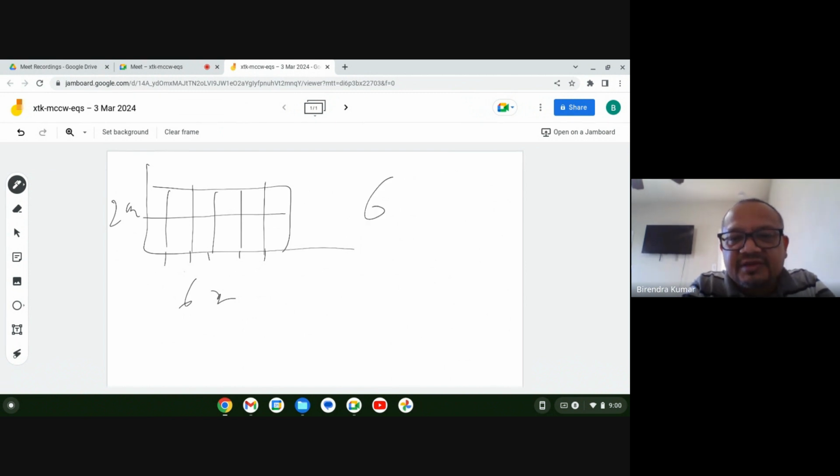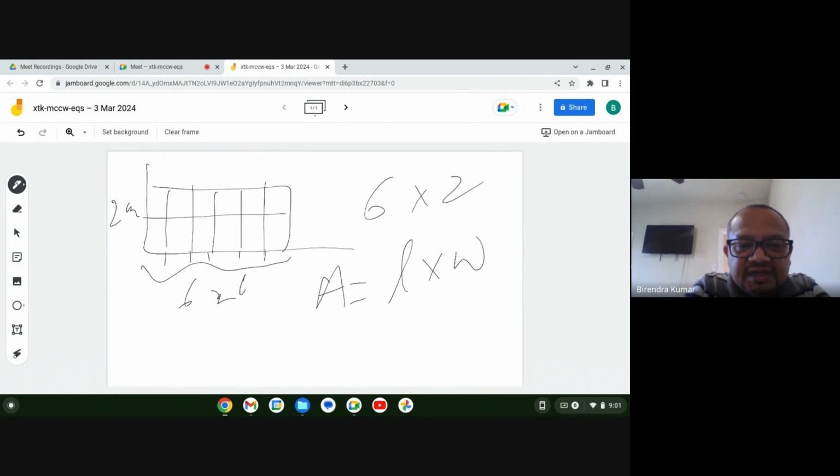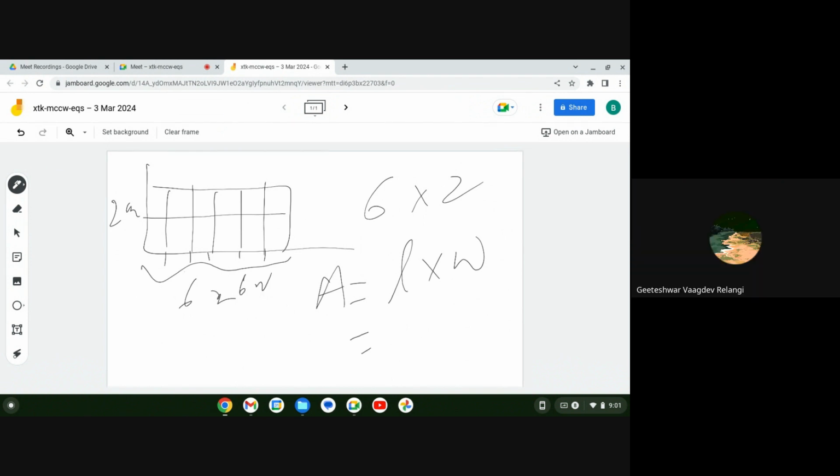So that is how it becomes 6 into 2. From that we interpreted area of a rectangle as length times width, because my length was 6 centimeter, width was 2 centimeters.